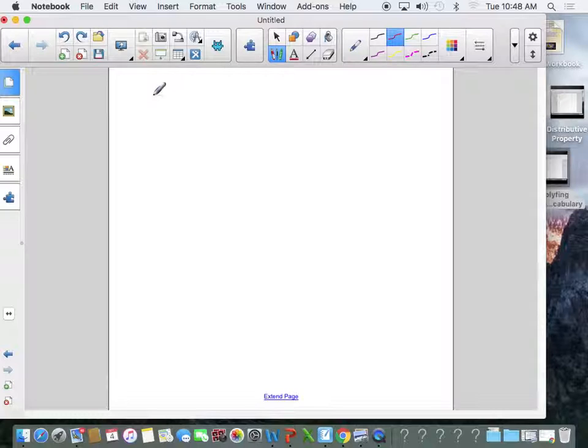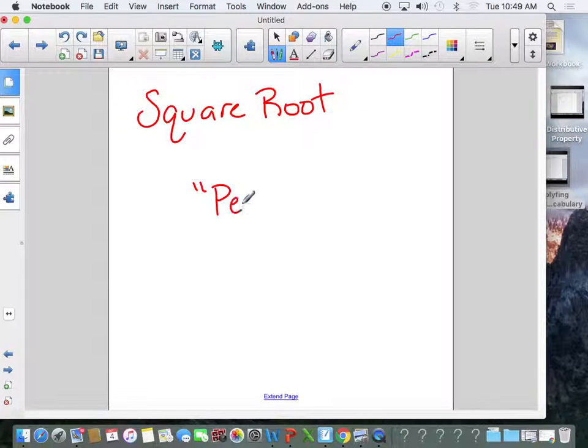The last one is a square root. And you're probably saying, oh, square root's not on there. It technically is, because I gave you a square root problem. Last week we looked at what perfect squares are. It's the multiplication problems that multiply to get a perfect square, and we actually call them squared.